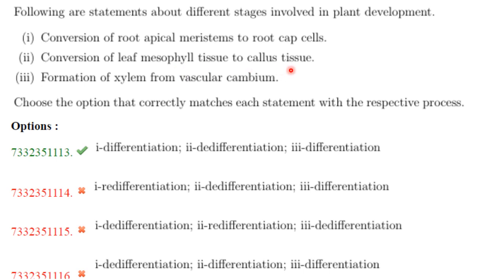Here the reversion of mature cells, that is leaf mesophyll cells, to meristematic state, leading to the formation of callus, is called de-differentiation. So 2 is de-differentiation. Formation of xylem from vascular cambium is differentiation. That is the cambium is undergoing change to form xylem. So the answer here is differentiation, de-differentiation and differentiation.